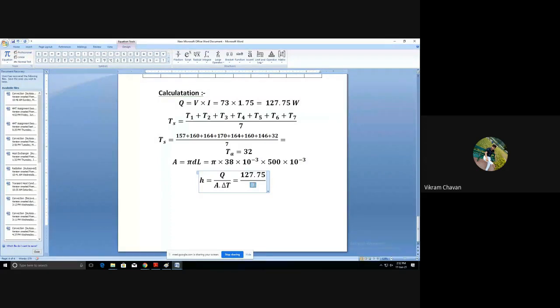Calculate how much area you are getting. A value is 0.059. Okay. Multiply by Ts. How much is Ts? Ts value?